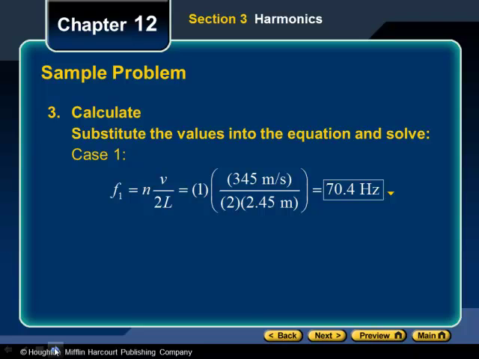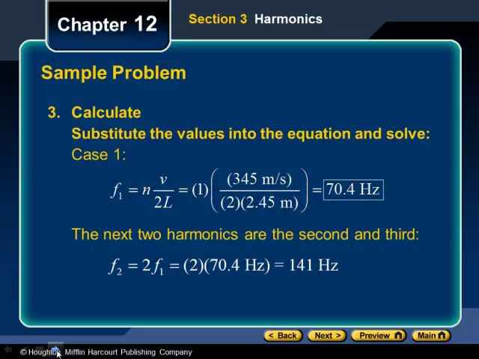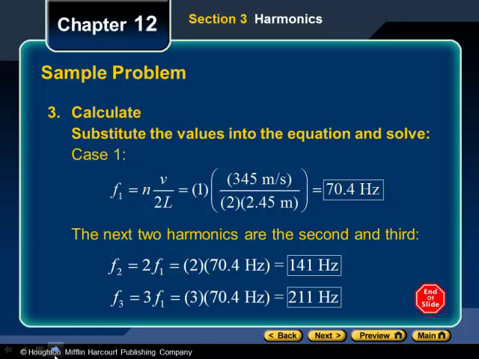Okay, so in case 1, just by substituting in the values, we find that the frequency is 70.4 hertz. So the next two harmonics would be 70.4 times 2, or 141 hertz. Watching out for our sig figs there. And the third harmonic would be 211 hertz. Again, notice that we're paying attention to sig figs there.